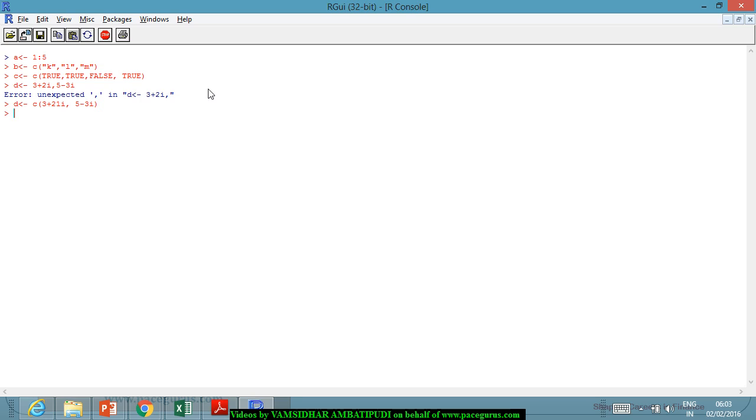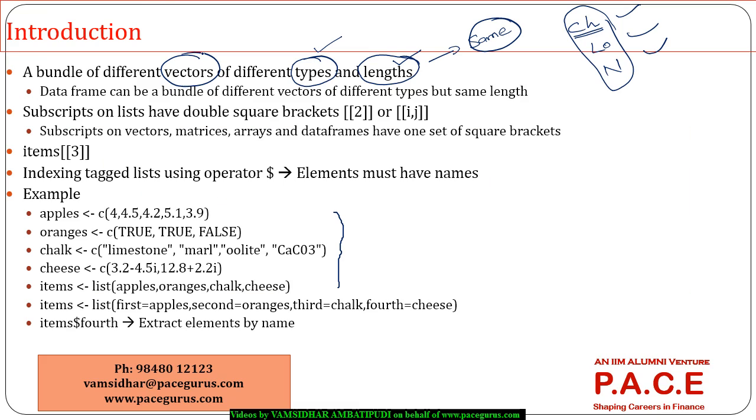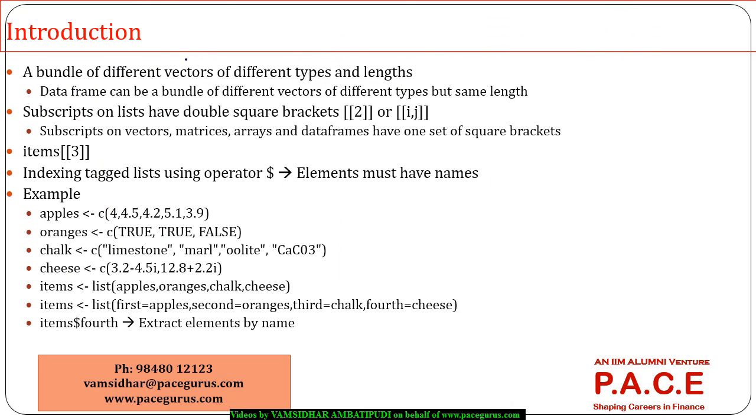So with these 4, you see that each of them has a different data type. One is numeric or an integer. One is logical. One is a string, which is a character type. And the last one is complex.